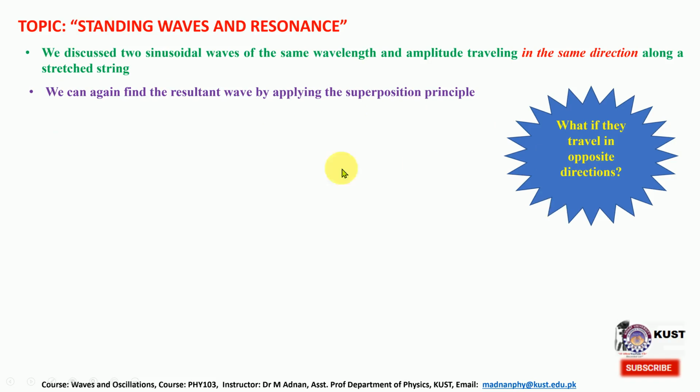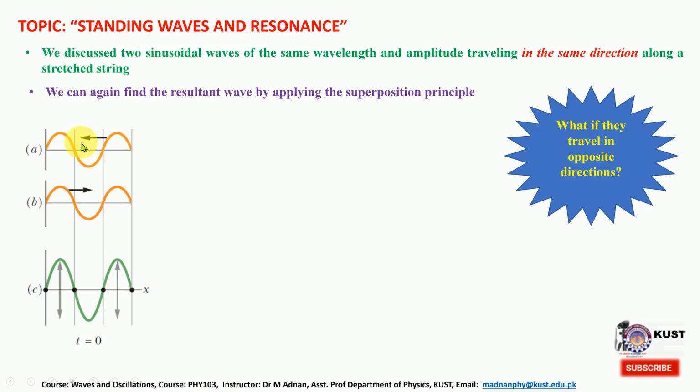Before going into the mathematical part, first we want to see the outcomes of two sinusoidal waves traveling in opposite directions. Here in the first figure, in part A, a wave is traveling to the left, and another wave is traveling to the right.